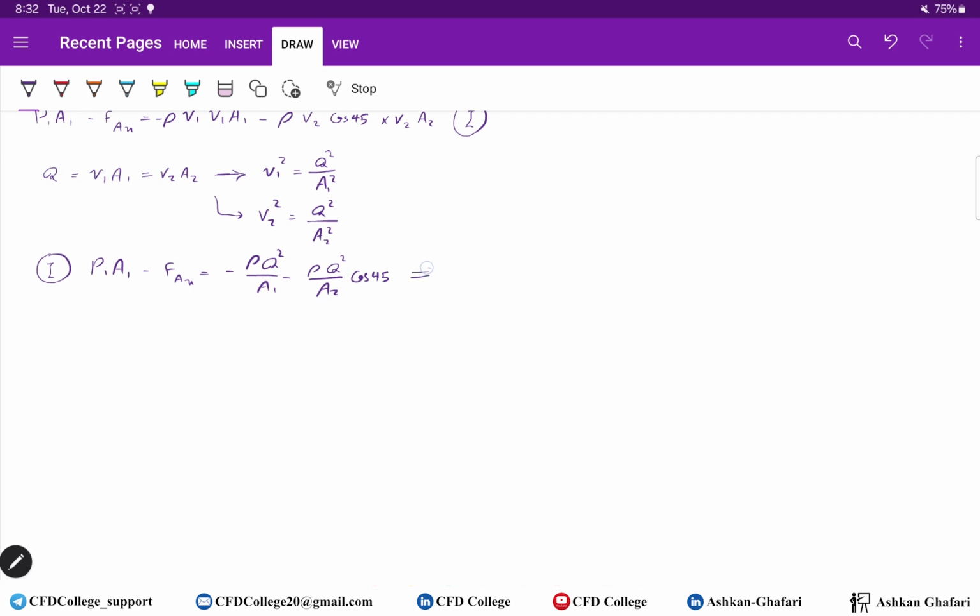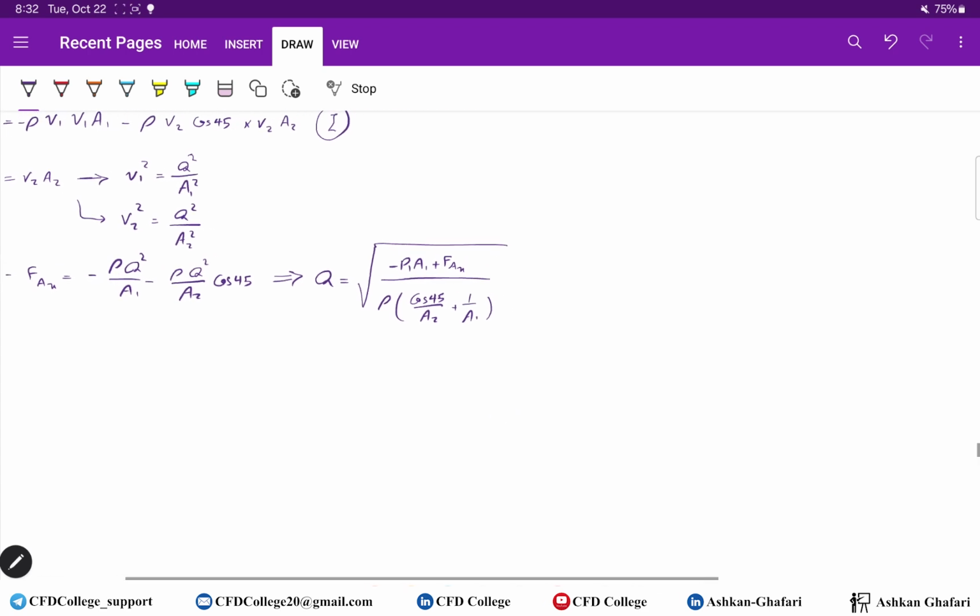So from this equation you can find the flow rate. The flow rate is equal to square root of minus P1 A1 plus FAX divided by rho times cosine of 45 over A2 plus 1 over A1. And now you can calculate it because you know the values.